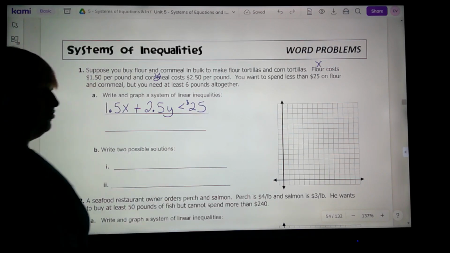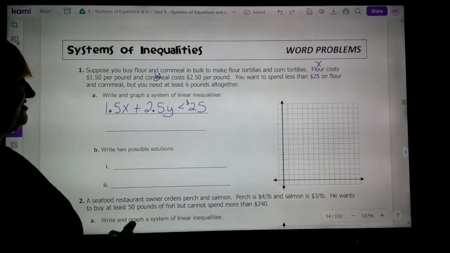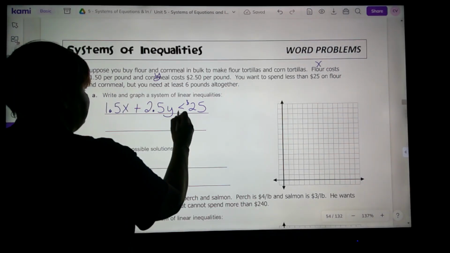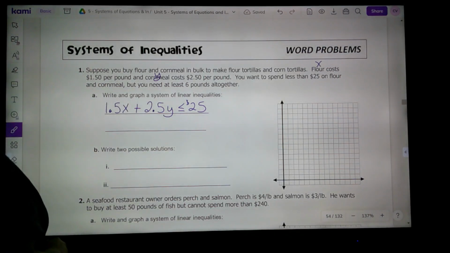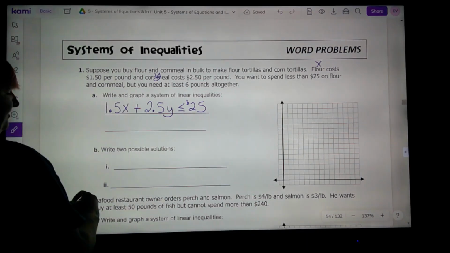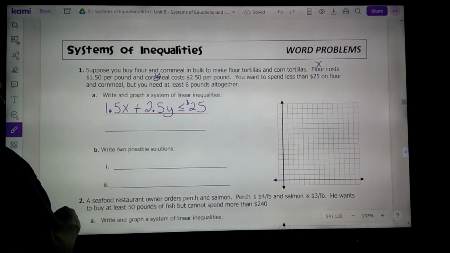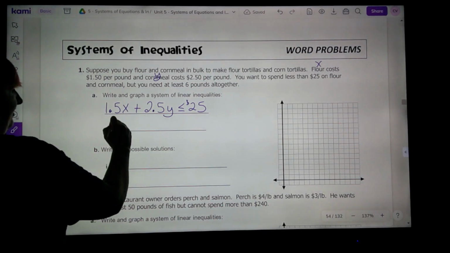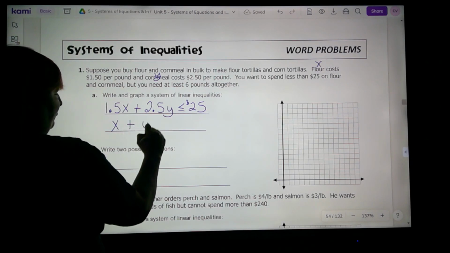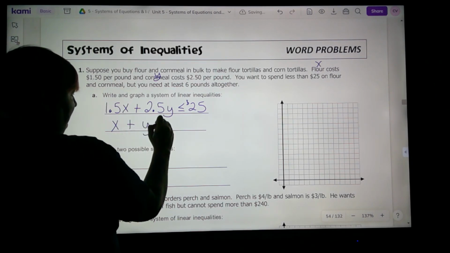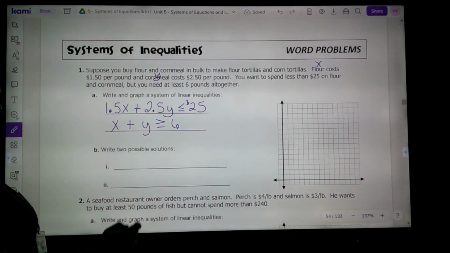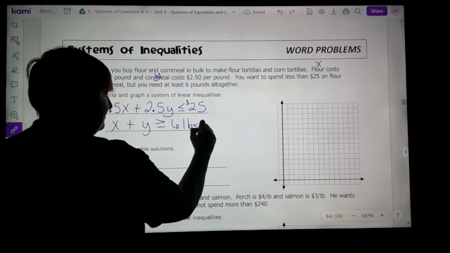That's the goal. Keep it under 25, less than or equal to $25. But you need at least 6 pounds. So pounds of flour plus pounds of y needs to be greater than or equal to 6 pounds.